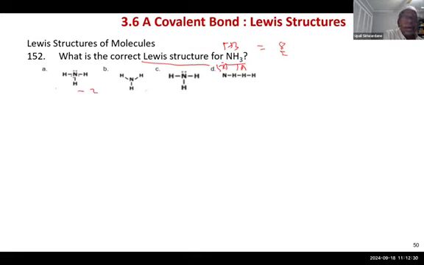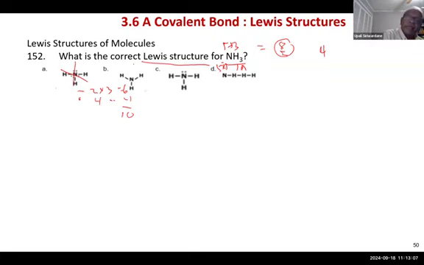Here there are 3 lines, that's 6, and there are 4 dots, total of 10. You cannot have more than 8 electrons, or 4 electron pairs. Therefore, this is not the correct answer.